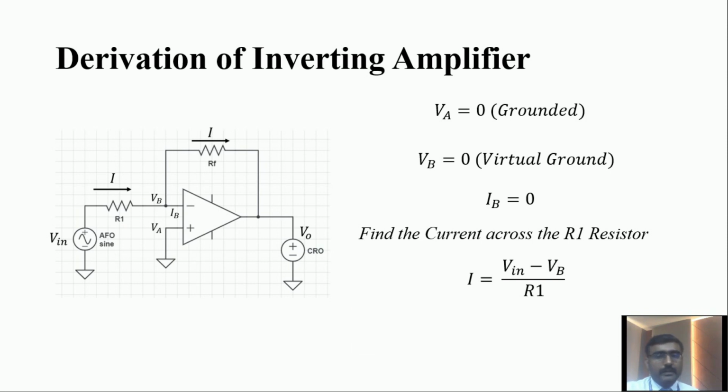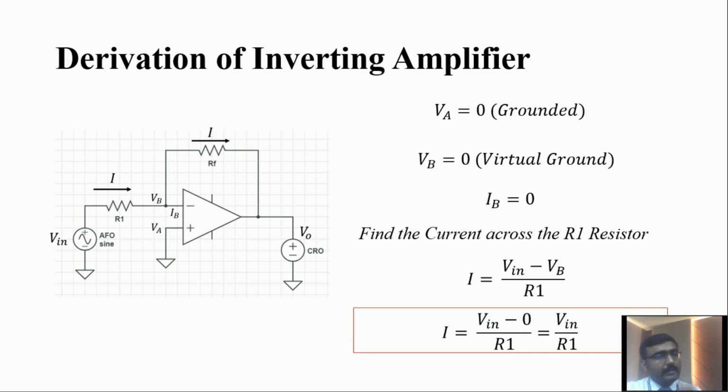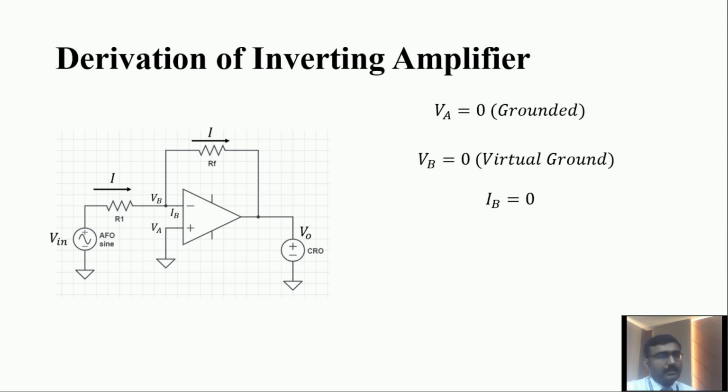Now, in this equation, VB is equal to 0, as we already know because of the virtual ground. Substituting VB is equal to 0, the current across the R1 resistor is Vin divided by R1.